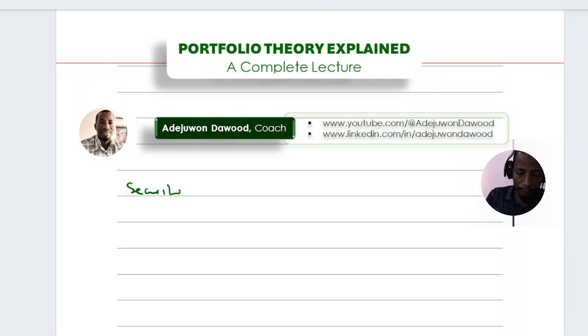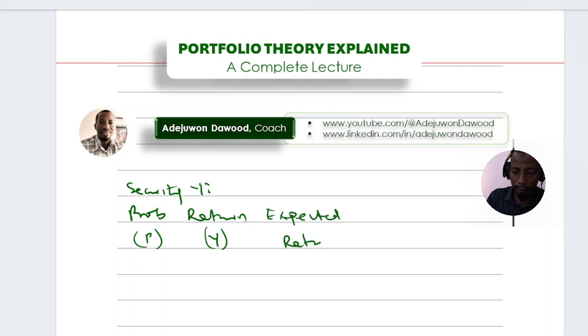Security Y. Probability, return of security Y, then expected return, Y minus Y bar, Y minus Y bar square, then probability of Y minus Y bar square.